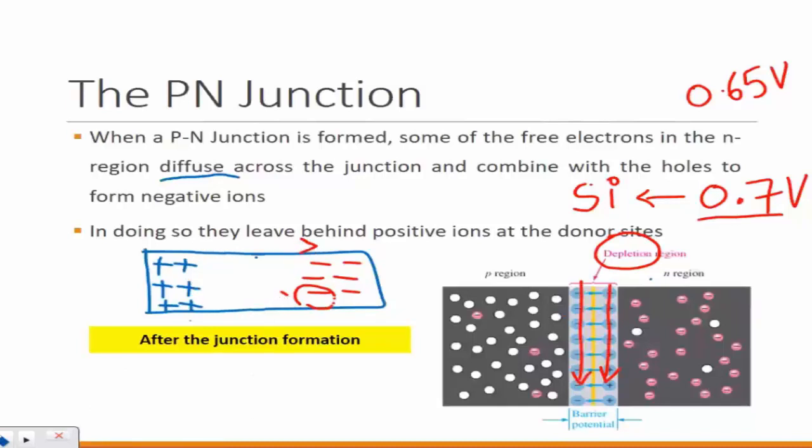So how much voltage do I need if I still want to move these electrons? I need more than 0.7, because if I apply 0.7, that will only counteract whatever the 0.7 generated by the barrier. But if I apply more than 0.7, then I can have further electron transfer.